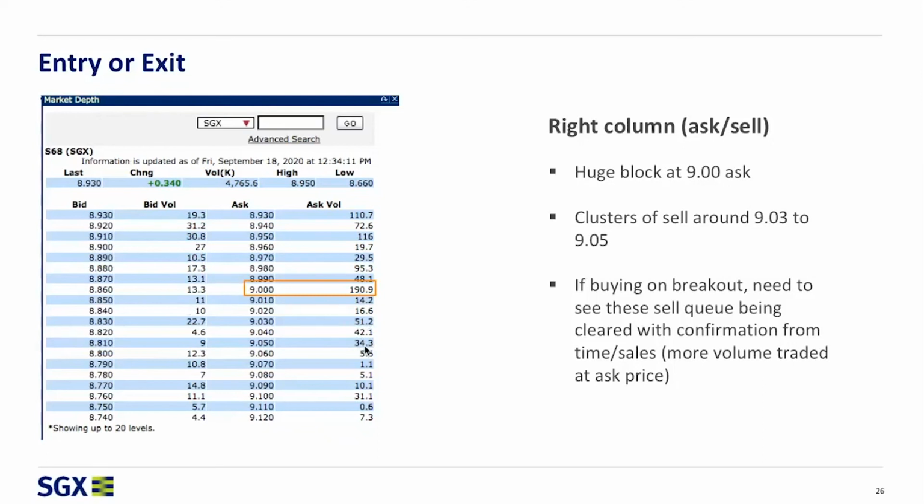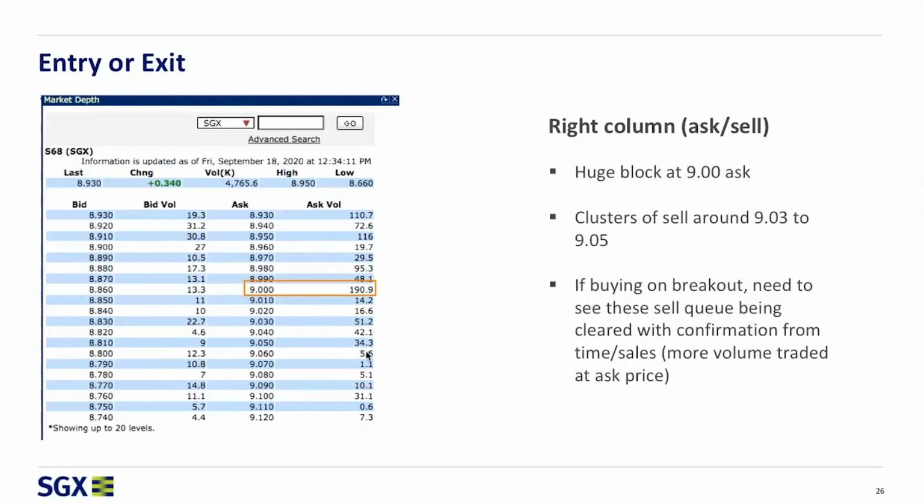Now this also means that because these are key resistance levels, unless this resistance is cleared, meaning this group of sellers has been transformed into buyers, or people decided to buy higher than 9 or even beyond 905, the resistance will not be broken.